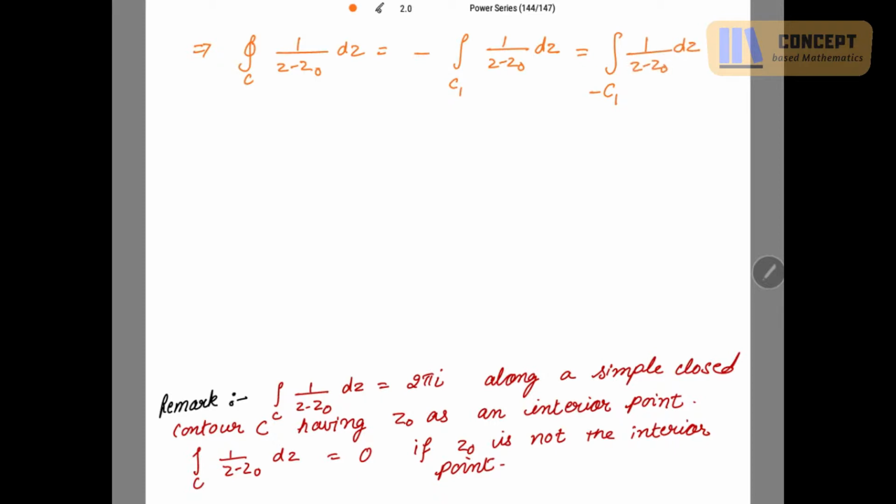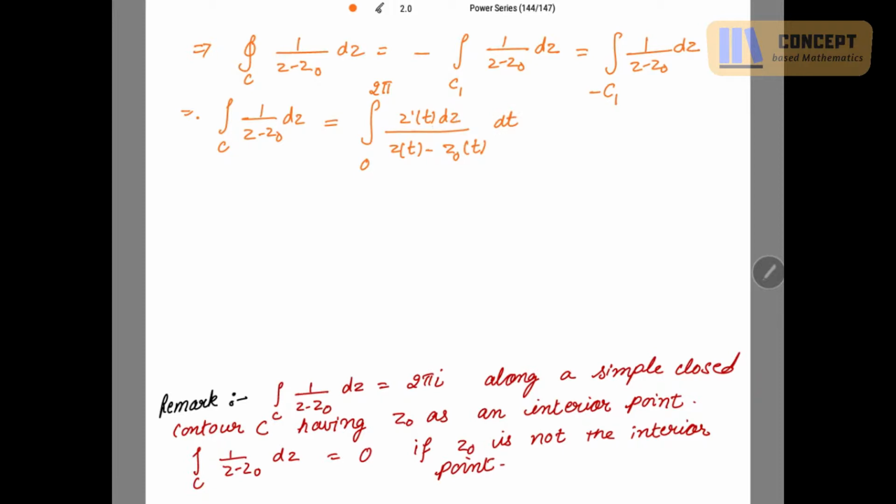Now I think it is clear to you. This implies the integral of 1 over z minus z naught dz is equal to, along this C1 contour, since it is a circle, I am taking the limits from 0 to 2 pi. It is parameterized, so this dz can be written as z dash t dt over z of t minus z naught.